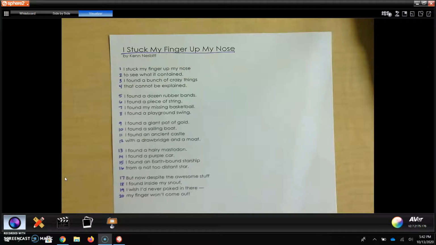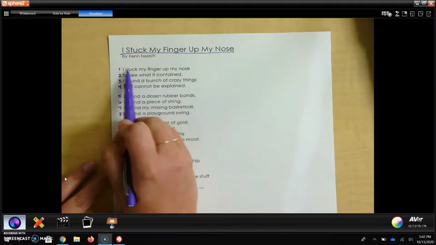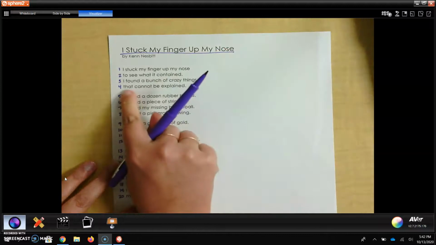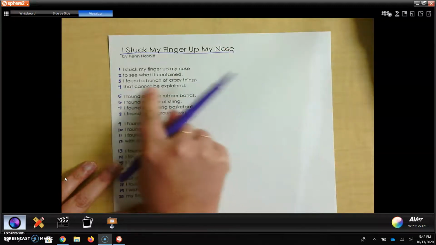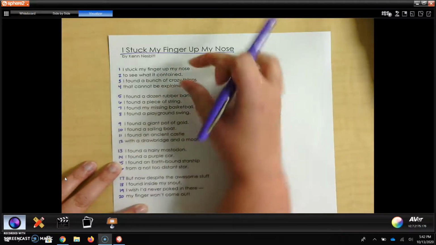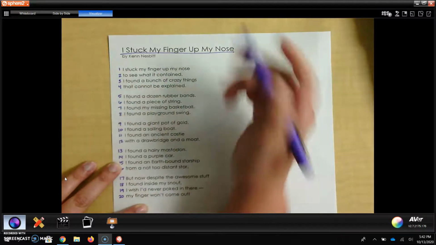The next part of a poem is a stanza. A stanza is a group of lines in a poem that are separated from each other by a space. So if we know that these are our lines, they're grouped together and then a space separates them. So these first couple lines are grouped with that space right there.